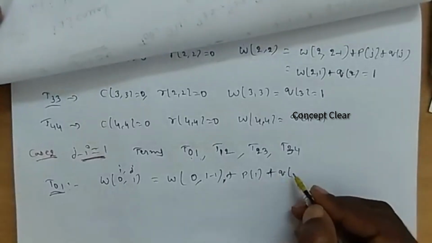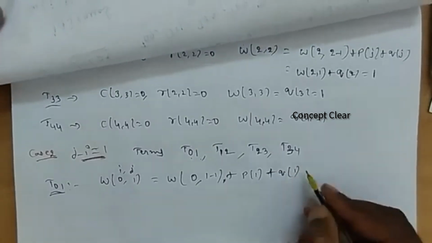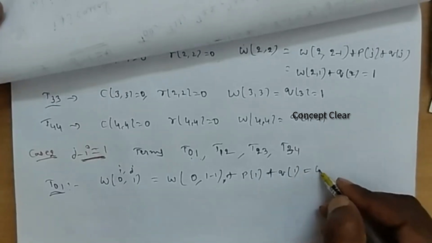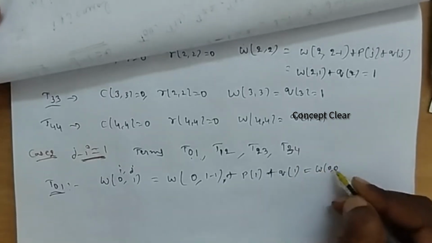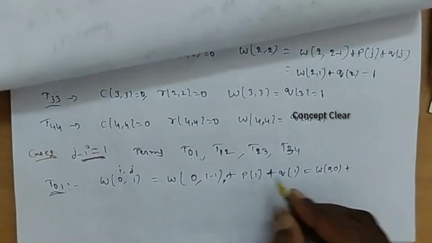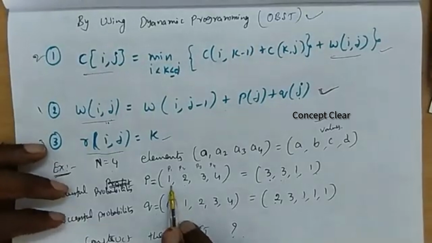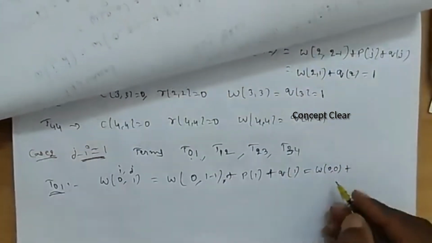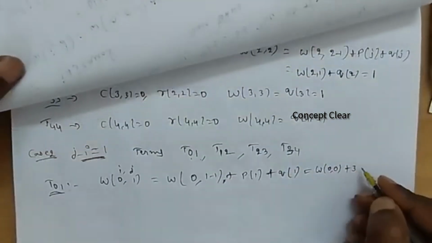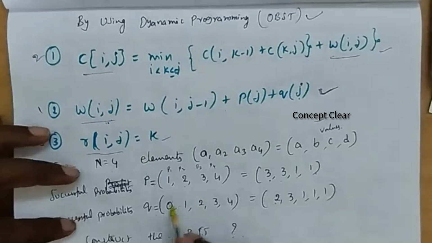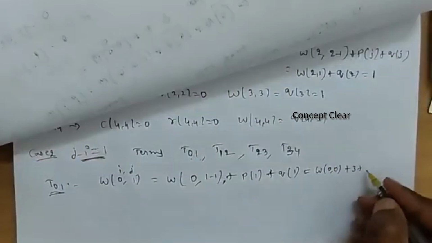Q of j value is again 1. So, what is the answer here? W of 0 comma 0 plus P of 1. P of 1 is 3, so here we write 3. Here also Q of 1, which is 3. So it is also 3.